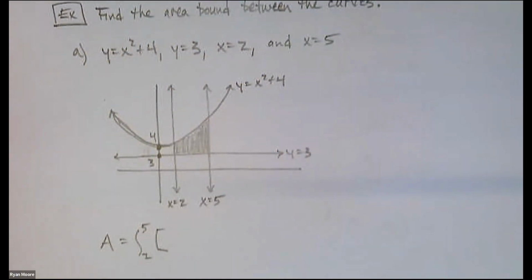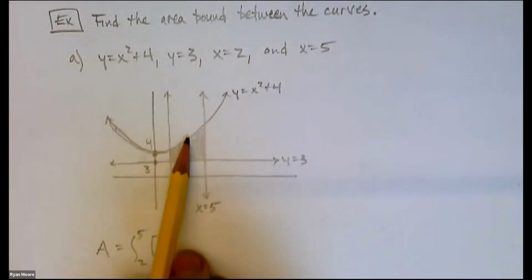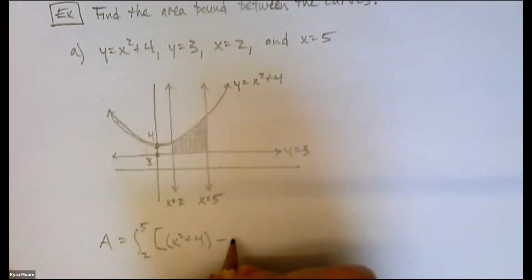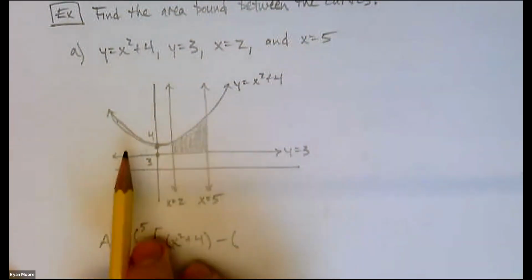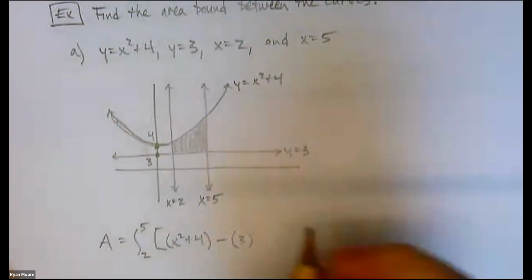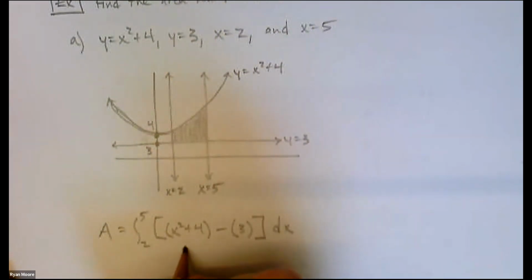Which function is on top? Well, it's obviously the x squared plus 4, minus, and which function is on bottom, it's just that horizontal line at 3, bracket. I put a lot of parentheses here just to highlight.